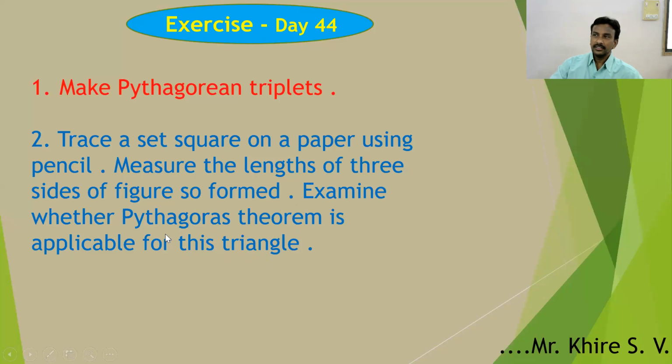And then you have to find out whether it is a Pythagorean triplet or a right angle triangle. You have to examine whether the Pythagoras theorem is applicable for this triangle, meaning the bigger side square is equal to the sum of the squares of the other two sides.